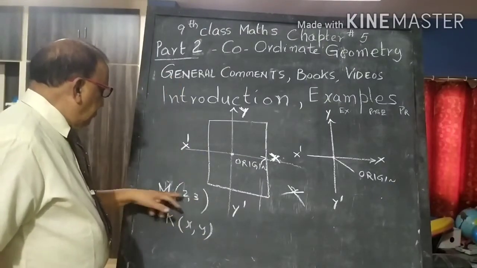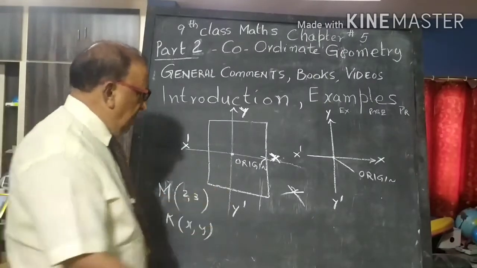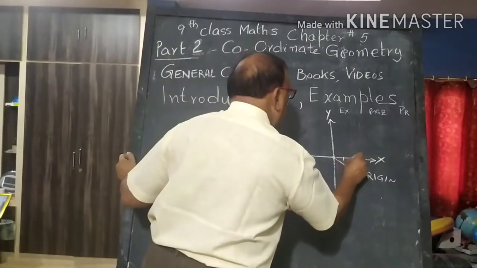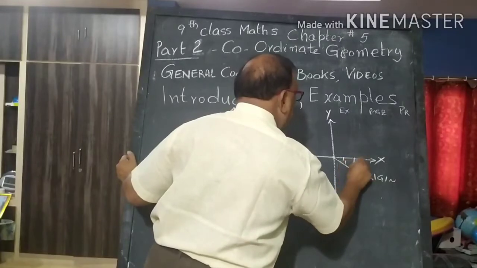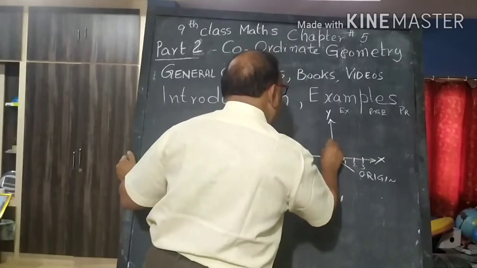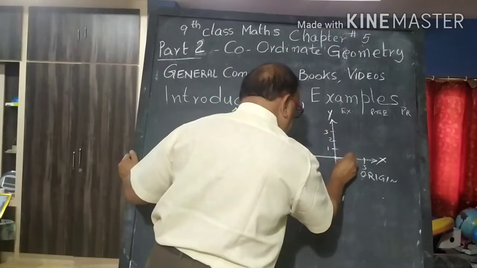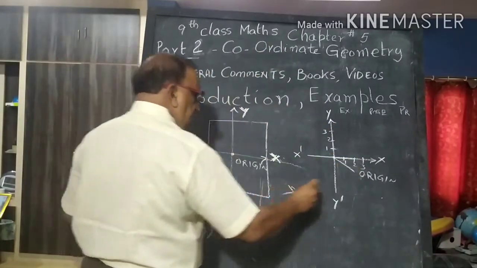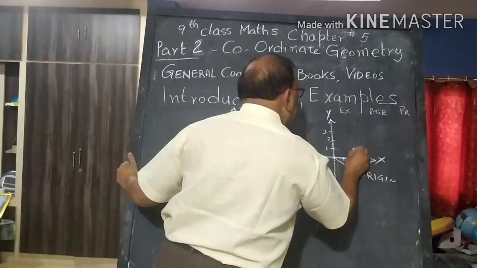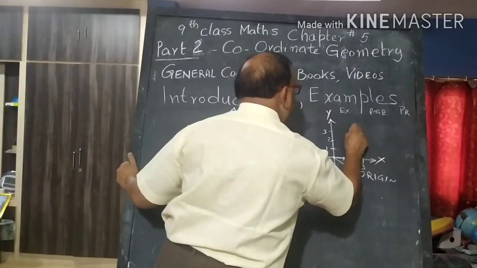Suppose you want to plot M(2,3), that means you have to go 2 units. Let's say this is 1, 2, 3. You have to walk along the x-axis 2 units, and then parallel to the y-axis 3 units. That means this is your point M.